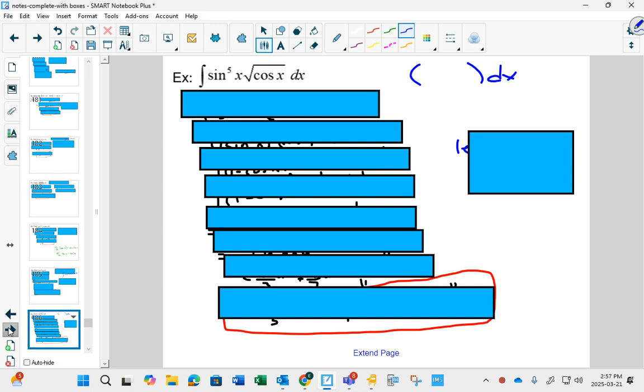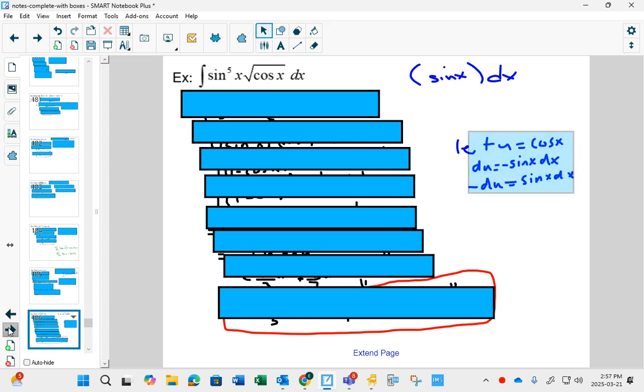Okay? It's going to be easier if I take one of these sines and steal it. I can put it easily beside the sine x. Because I'm thinking right now of this. When am I going to make my u? Either sine x or cos x. If I make my u cos x, then I'm going to get a negative, which doesn't really matter. I can move it to the other side.